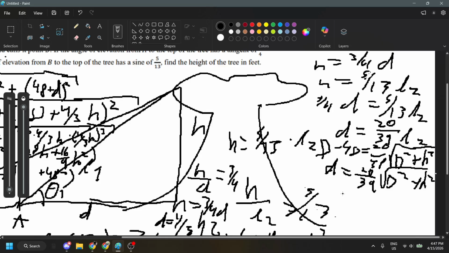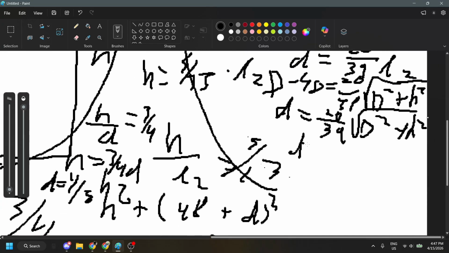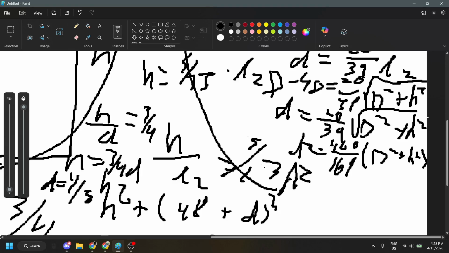So d squared is equal to 400 over 169 times (big D squared plus h squared). So d squared is equal to 400 over 169 big D squared plus 400 over 169 h squared.